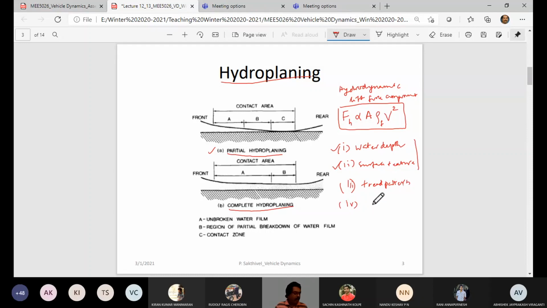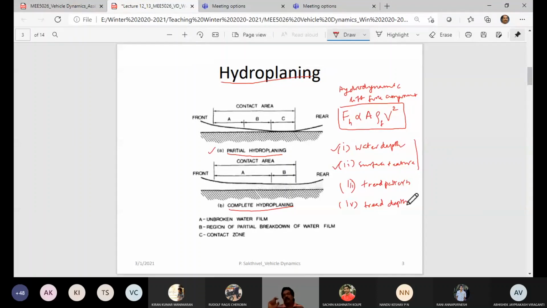And you have tread depth. So what do we mean by tread depth? Tread depth is the groove depth you can see in the tire from the outer surface of the tread. So what is the depth?